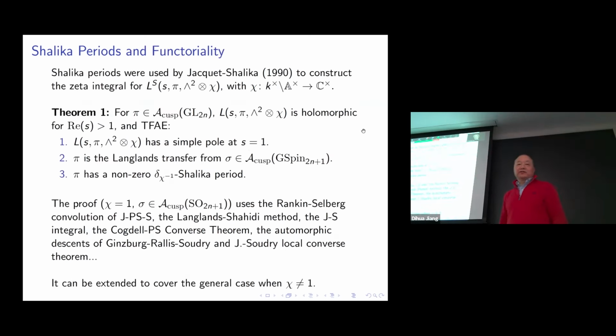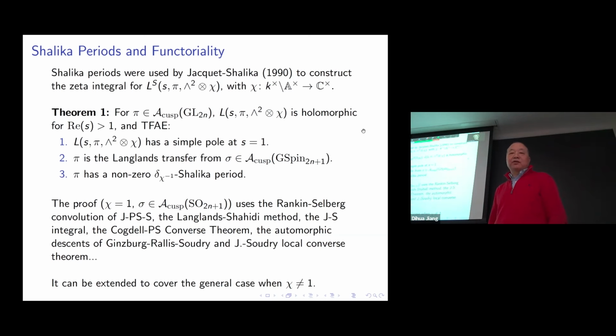The Shalika period was first introduced by Jacquet and Shalika in a 1990 paper to construct a zeta integral for the exterior square L-function. And here is the theorem. Take a cusp form pi on GL2N, with central character chi.